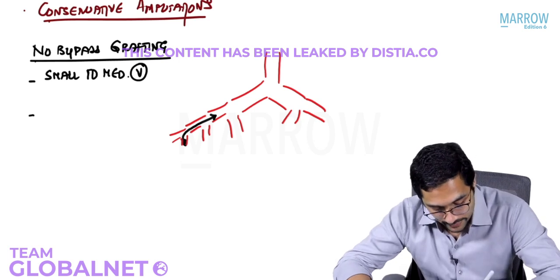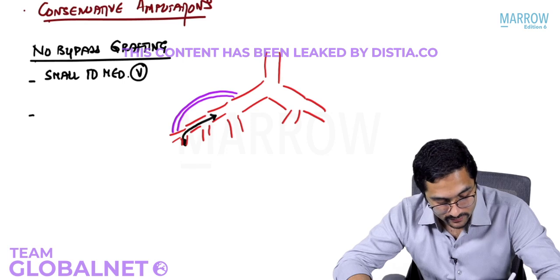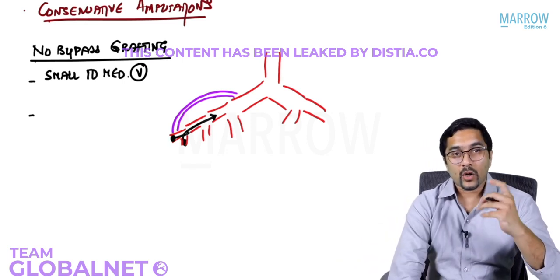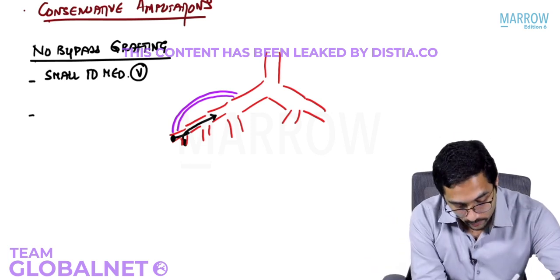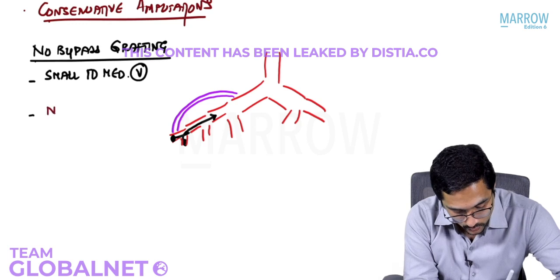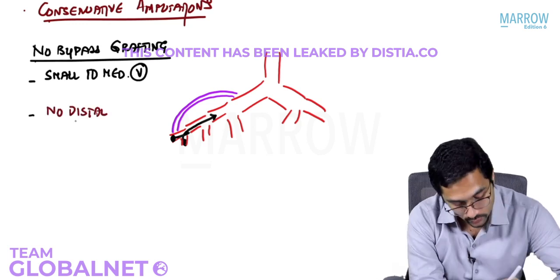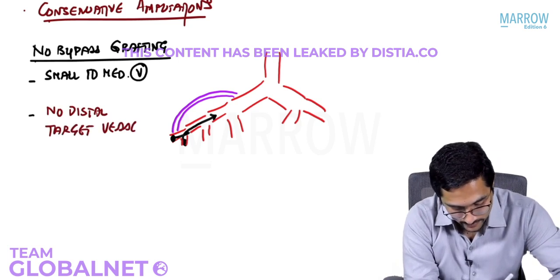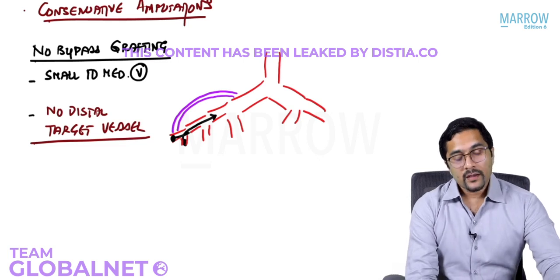So even if I have to do a bypass, there is no distal target vessel because the target vessel is already thrombosed. So no bypass grafting because small vessels are involved, and there is no distal target vessel because the disease spreads from distal to proximal.